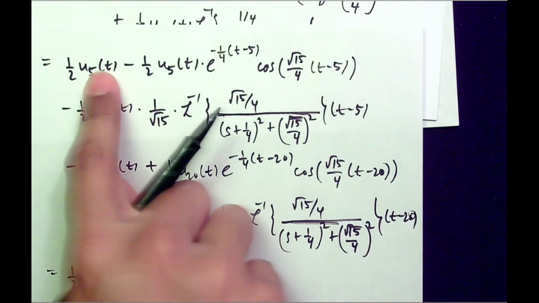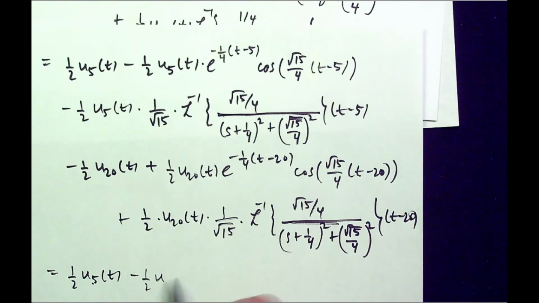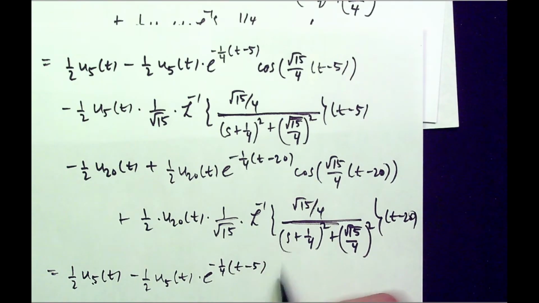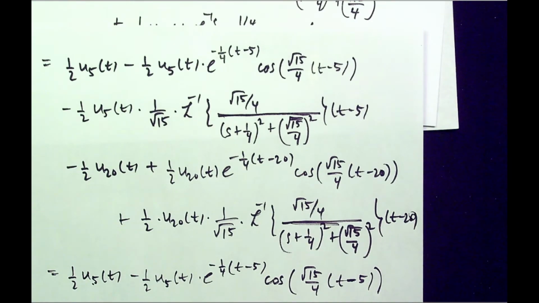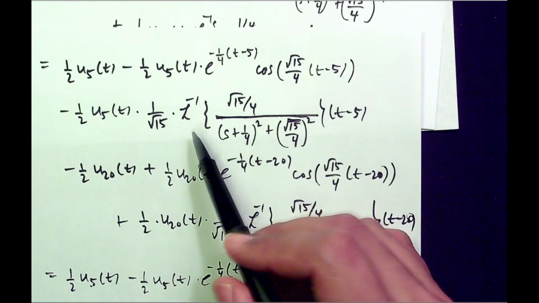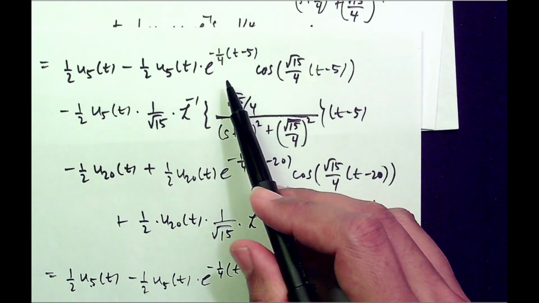So this minus 1 half u5 of t times e to the negative a quarter, t minus 5, cosine, square root of 15 over 4, t minus 5, minus a half u sub 5 of t times 1 over square root of 15 times, remember the inverse of this is now the same as this but with a sign instead.